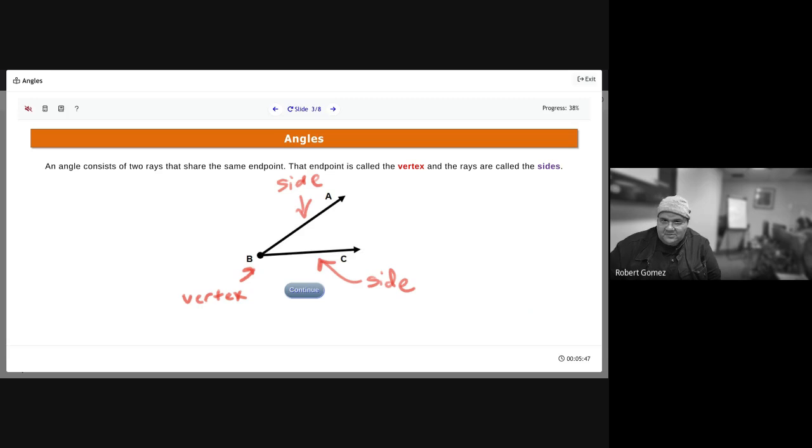Now, vertex, if you're dealing with more than one, the plural version is vertices. That's how we pronounce it. So singular vertex, plural vertices.